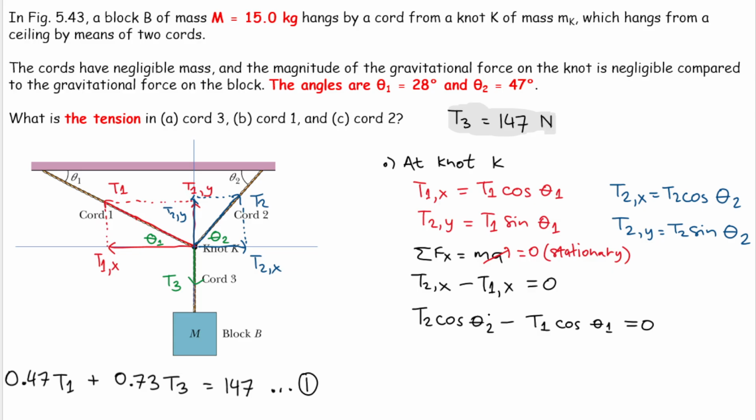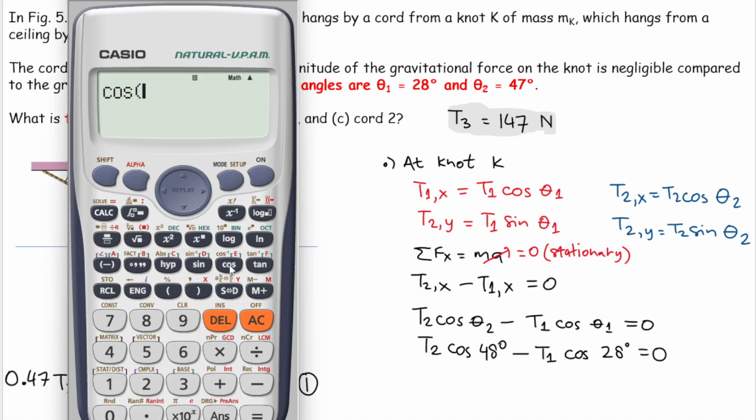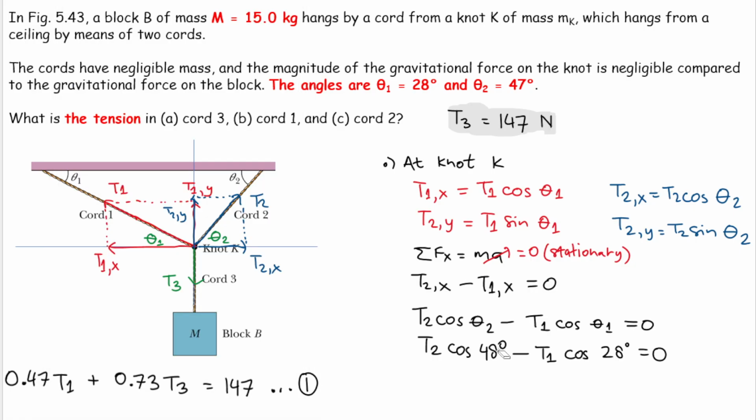Now let's plug that in. Theta 2 is 47 degrees, so I'll have T2 cosine 47 degrees, and then minus T1, which is unknown, times cosine of theta 1. Theta 1 is 28 degrees. All of that will equal 0. Let's calculate the cosine on the calculator.